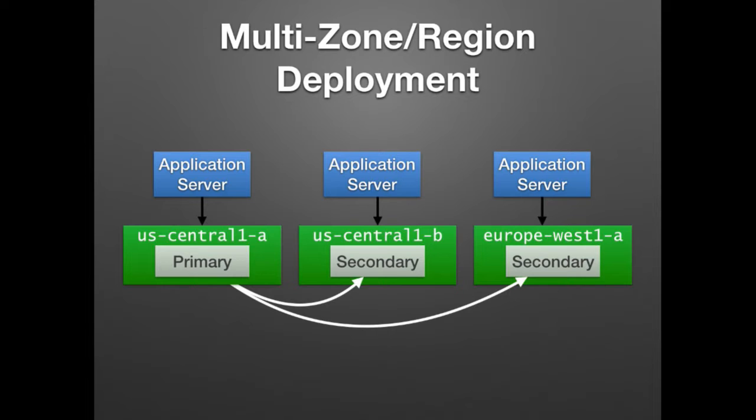This is potentially one architecture that you might use. You could have an application server in each individual data center, and Google Compute Engine provides load balancing capabilities, so you could let them provide the load balancing.